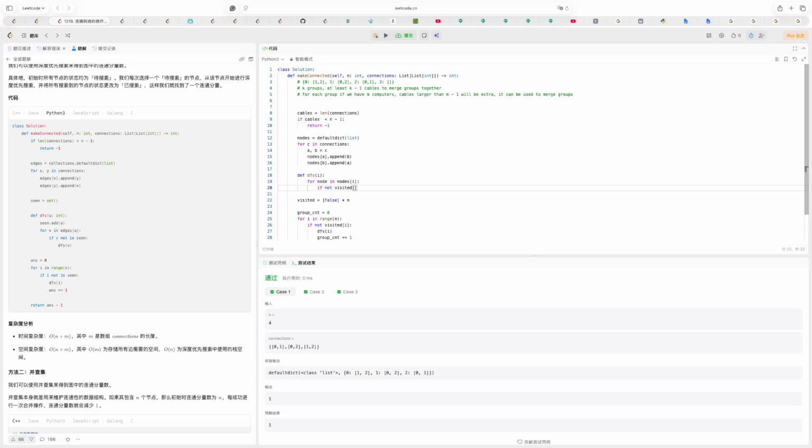If not visited, then let's go find its connected nodes. And we should put it to visited.